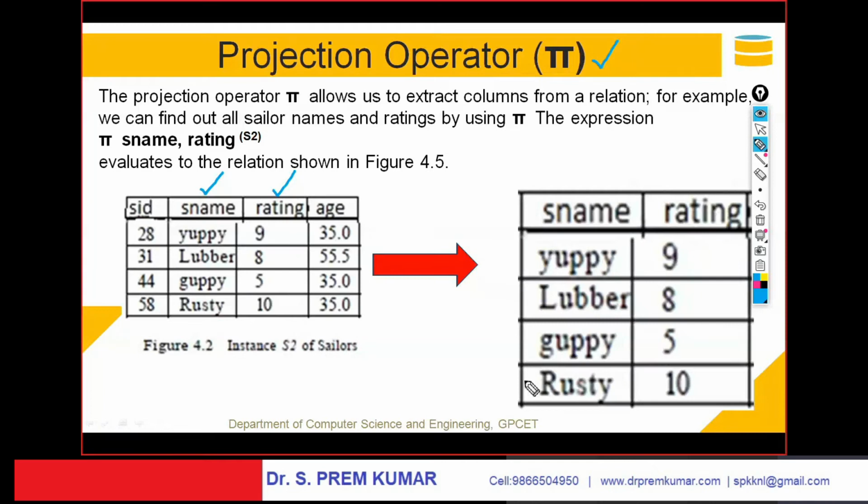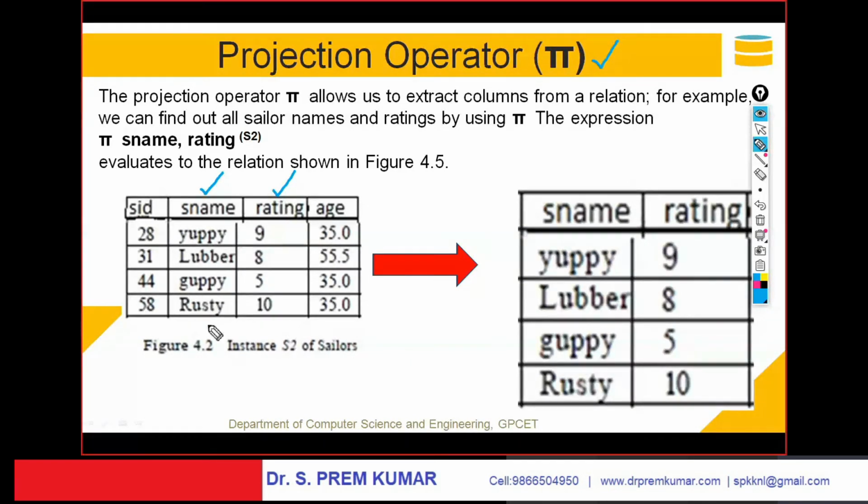This is nothing but vertical fragmentation. This is the projection operation, depicted with the pi symbol. Project S name, rating from S2, where S2 means this entire relation.